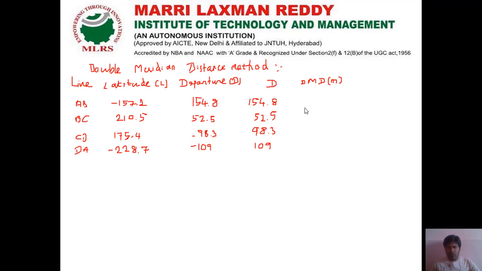For the first and last line we take the departure value as it is, since we have only the departure of that line itself. So 154.8, and here we take 109. For the remaining two lines in between, we add the preceding line as well as the next line.